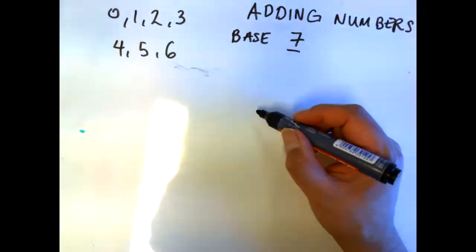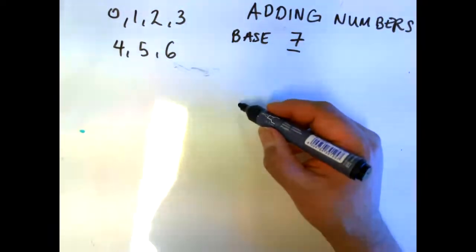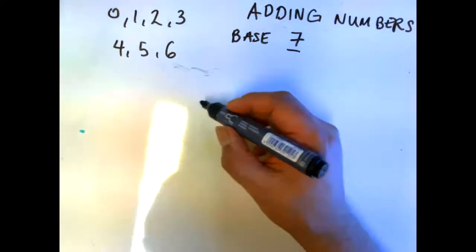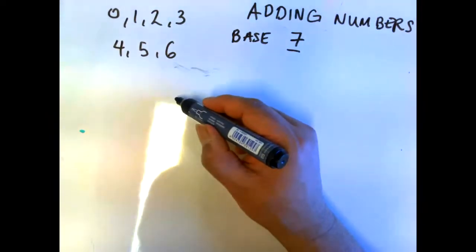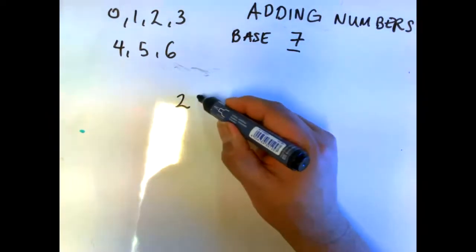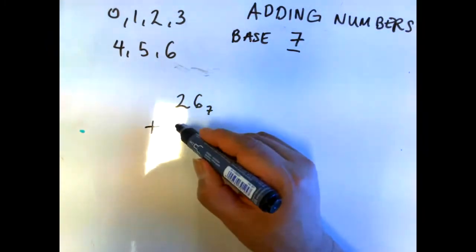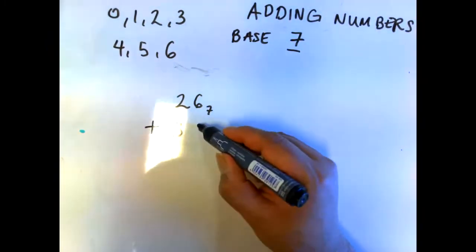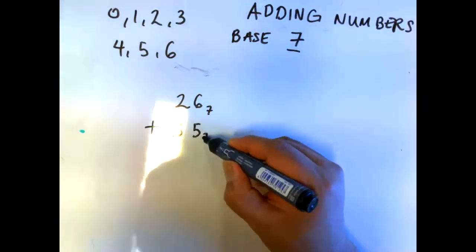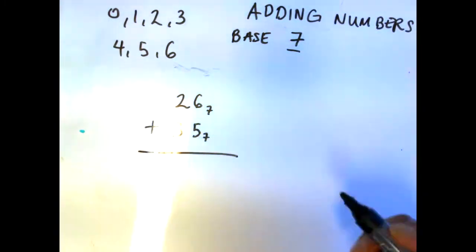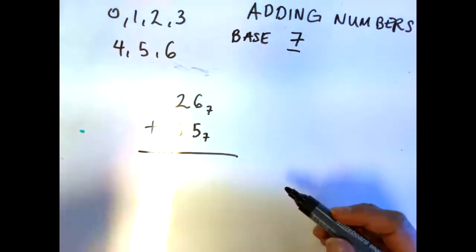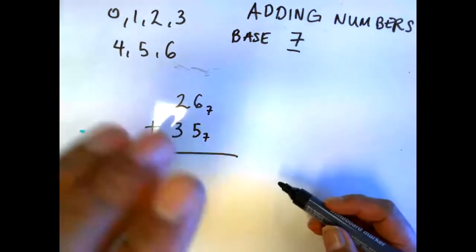So, for example, I want to add the numbers 2, 6 in base 7 with 3, 5 in base 7. Here, we can't see it, so I have to help with this.